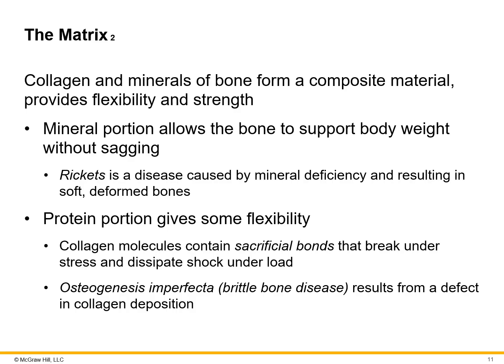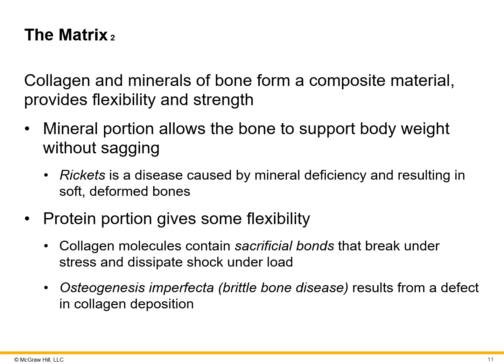Without the organic portion, without that protein, the bone is excessively brittle because the protein component is going to give the bone a degree of flexibility. Without collagen, a jogger's bones would shatter under the impact of running.